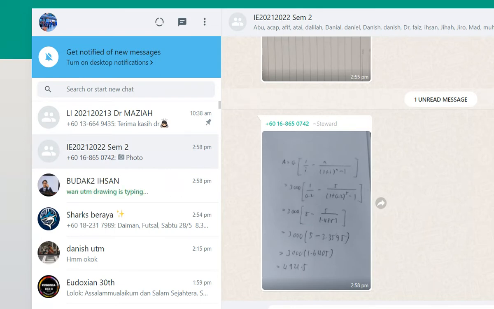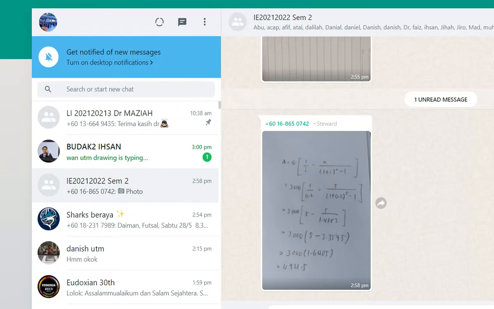Pair number 3 or pair number 2? You wanted to find the value of P where A is given and G is given to you. So this is pair number 2, Doctor.